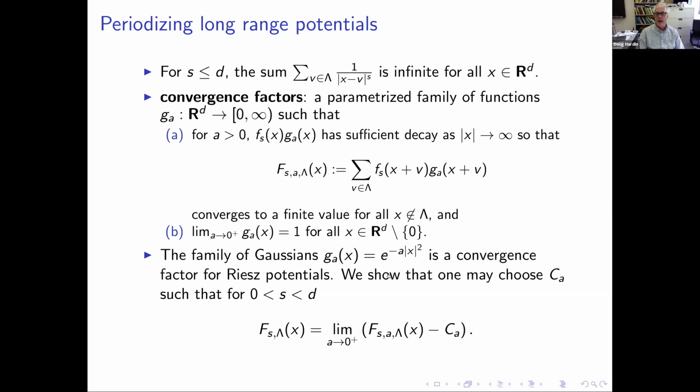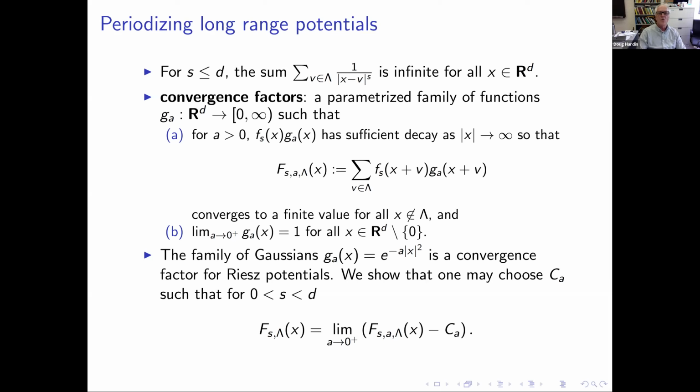So for example, if we take the Riesz potential, then we can define a constant C sub A so that even though F sub S,A,lambda of X is blowing up as A goes to 0, we can subtract off a constant that's independent of X and arrive at a finite limit.